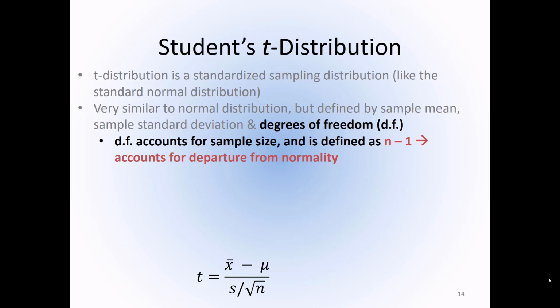And what this does is it accounts for the departure from normality when we make substitutions between parameters and statistics.